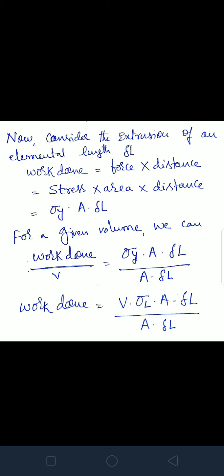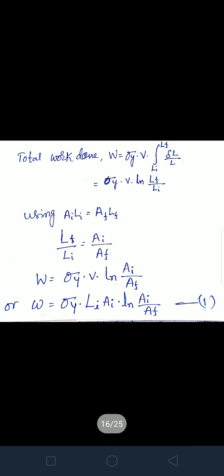For a given volume V, we can write work done as sigma y into A into delta L, divided by A into L, times V. So we can simplify this by integrating. Work done W is equal to sigma y into V into the integral between the limits initial length Li and final length Lf of delta L by L.